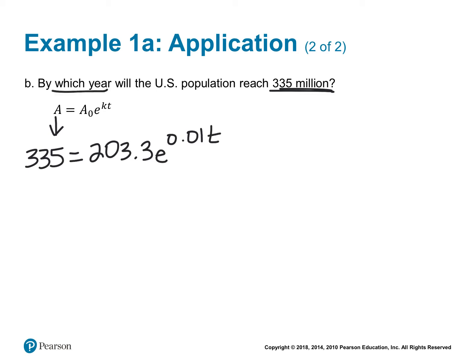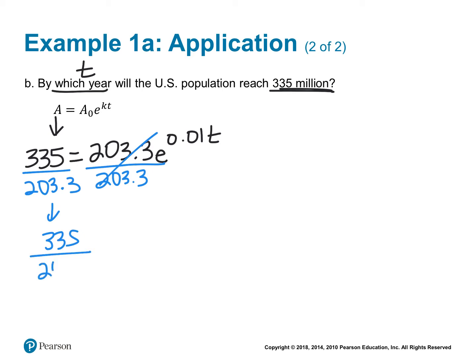So by which year? Let's go ahead and use our same process to solve for e. Let's divide by the 203.3 first. We're trying to isolate the e. So just bring this down. And now we're left with e to the 0.01t power.